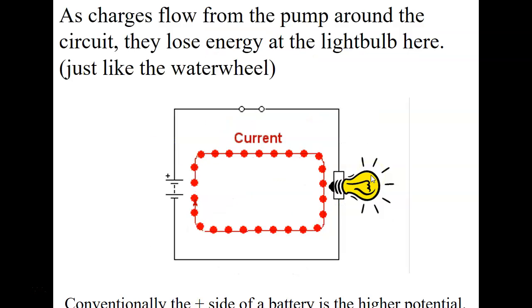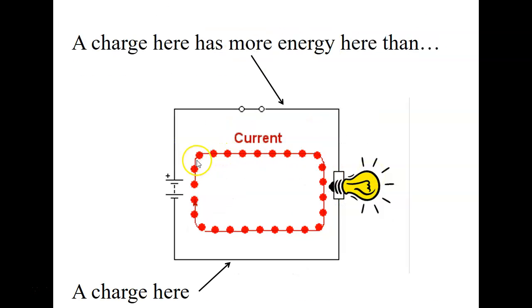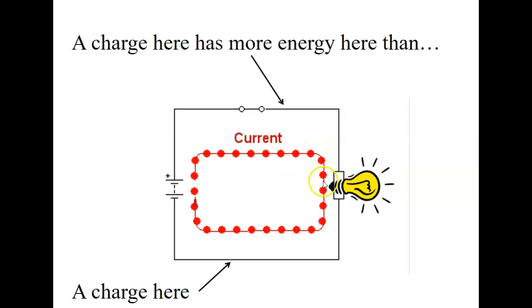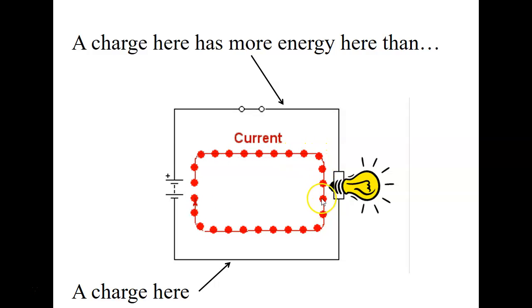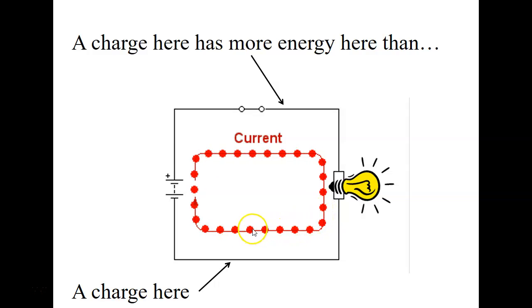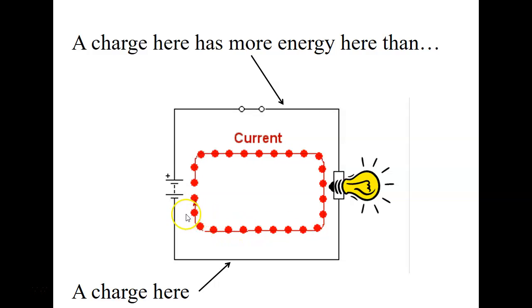So the electrons have a greater potential energy up here. Then when they flow across the light bulb, they dump off that energy, that voltage, and they have a lower energy here. And then the battery pumps them back up.